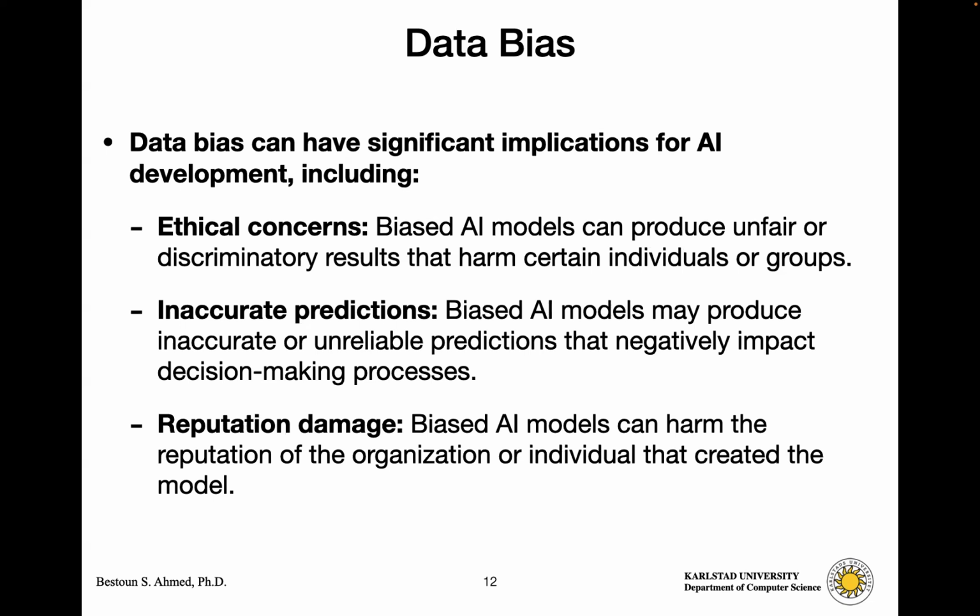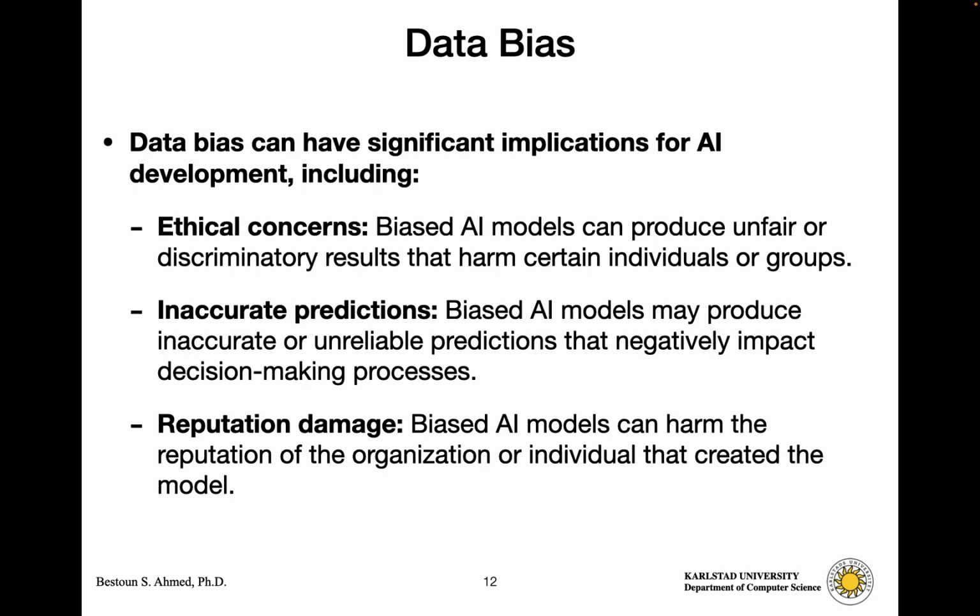you have a lot of ethical considerations. For example, nowadays fair decision-making is part of the EU regulation. So you have to make sure that the AI model doesn't discriminate against minorities, for example. That also applies to inaccurate predictions.